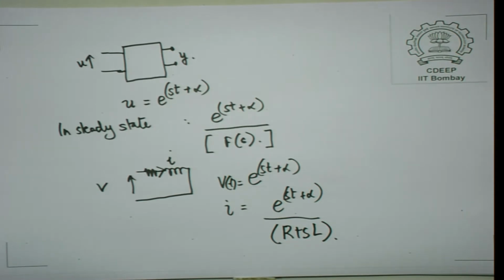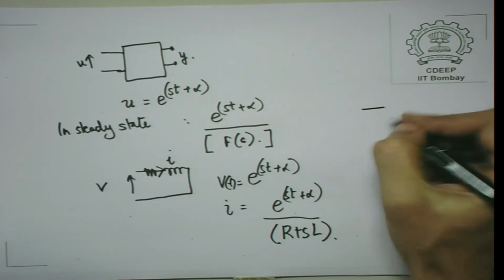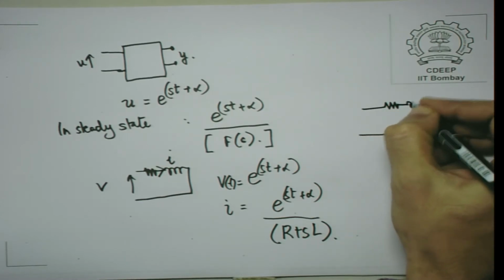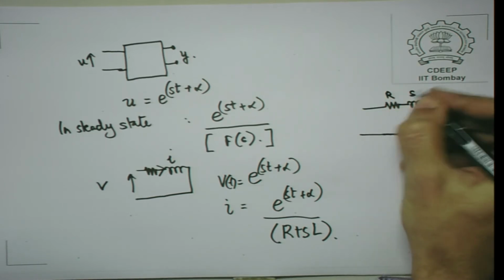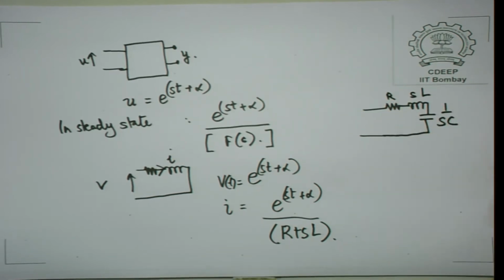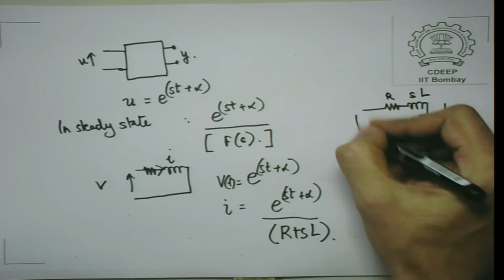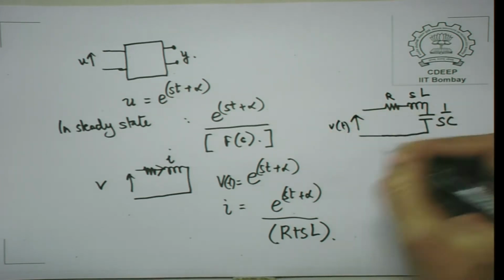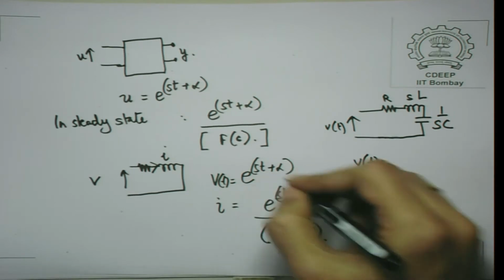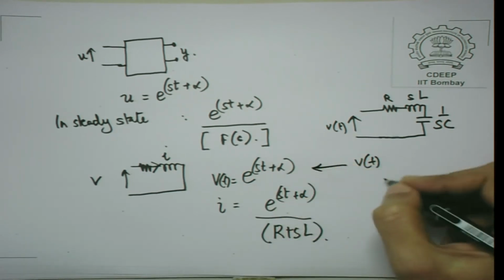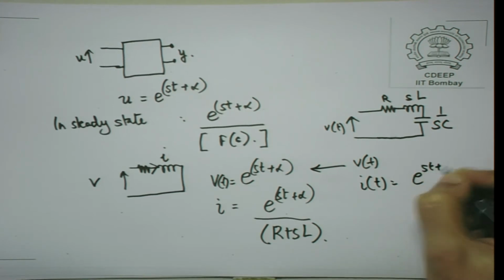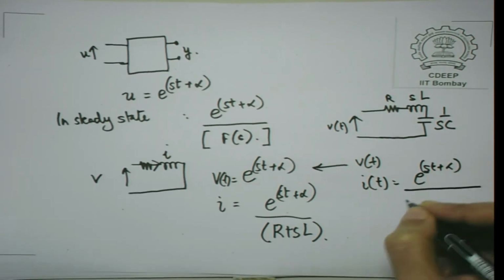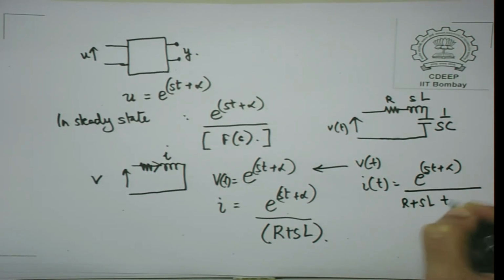Interestingly, when we look at an RLC circuit, what we saw was a simple series RLC circuit, R, SL, 1 upon SC. So, what we saw was if your voltage was V of t, then the current would come out to be, the same wave shape, e raised to st plus alpha upon R plus SL plus 1 upon SC.